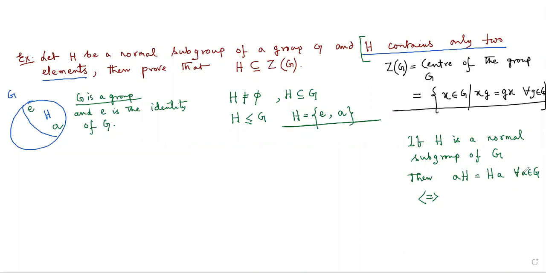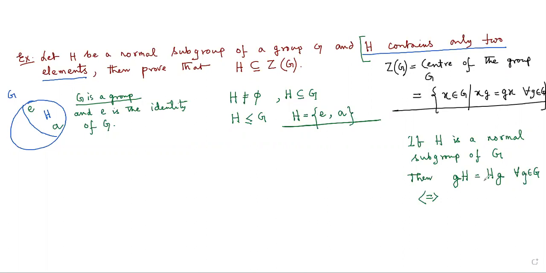Do not think that this a and the a in H are the same. I think for writing the definition, it would be better if I use some other notation, because otherwise you may think that this a is being used over here. I'm writing the definition here.